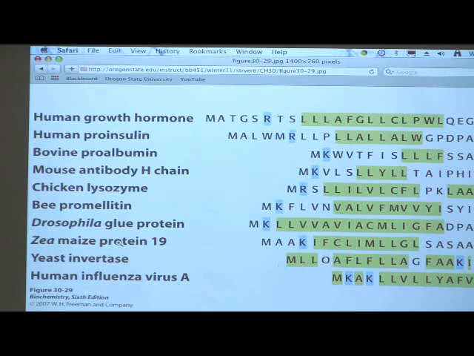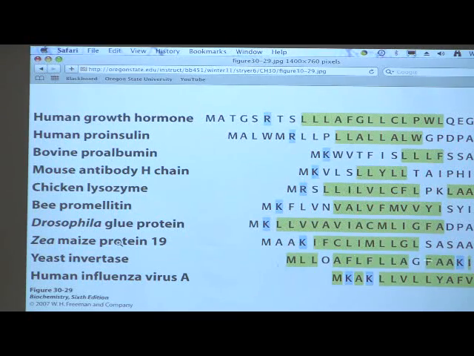How does the cell know? Well, it turns out the cell knows by virtue of the fact that proteins that are targeted for the endoplasmic reticulum have what's called a leader sequence near their amino terminus. That leader sequence generally is fairly hydrophobic.